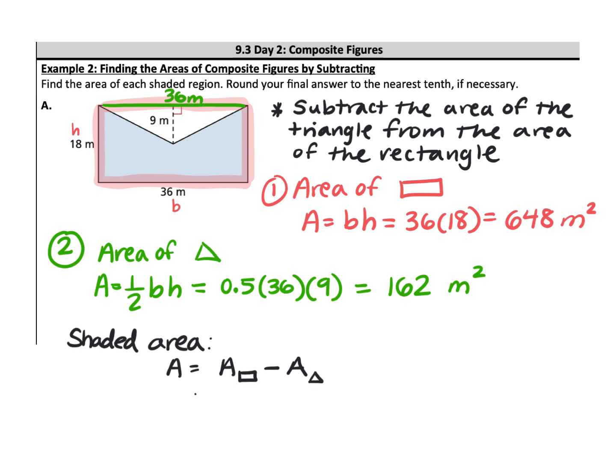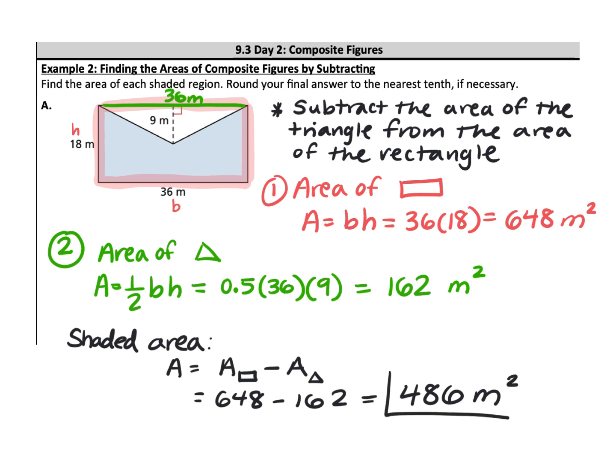So that's going to be the 648 minus 162, and that is equal to 486. This means that the area of the shaded region is 486 square meters.